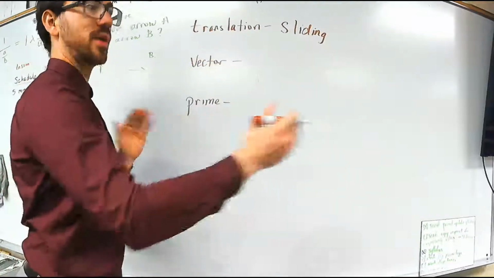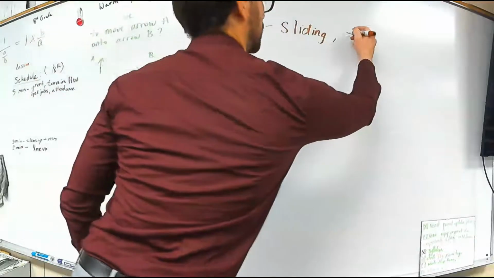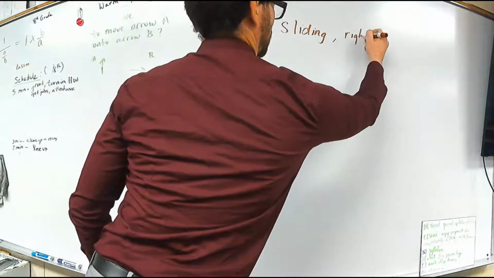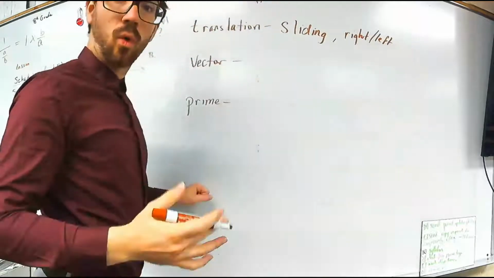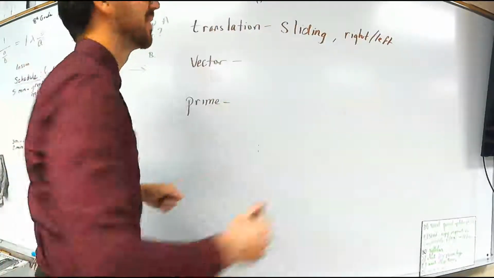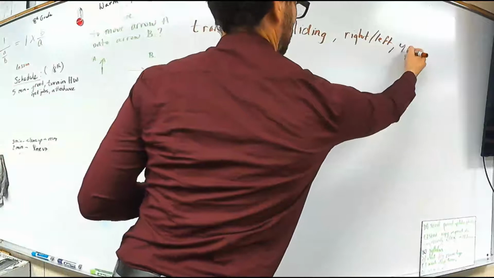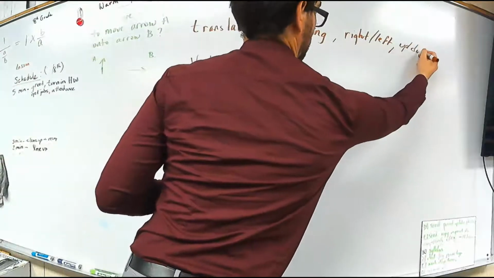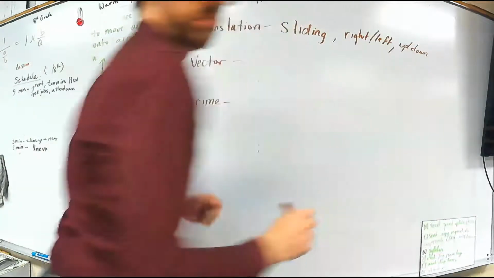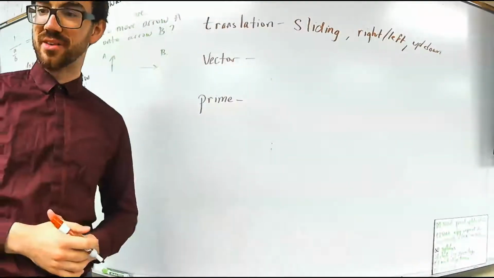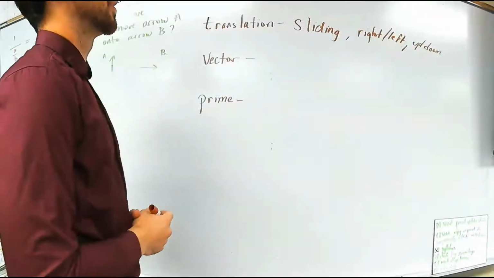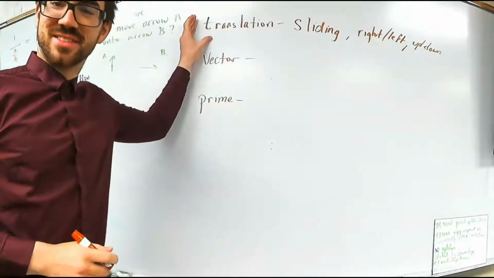You can either move right or left, or up and down. Okay? Right or left, up or down. Those are our options. That's translation.